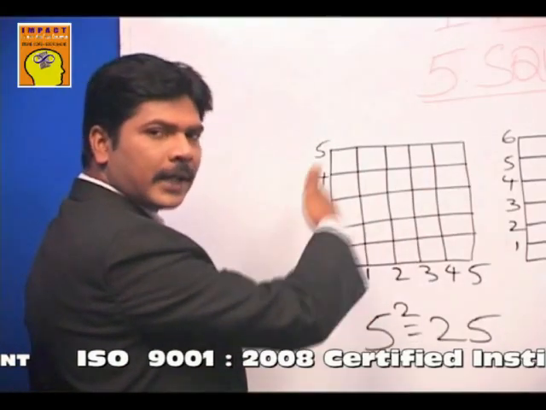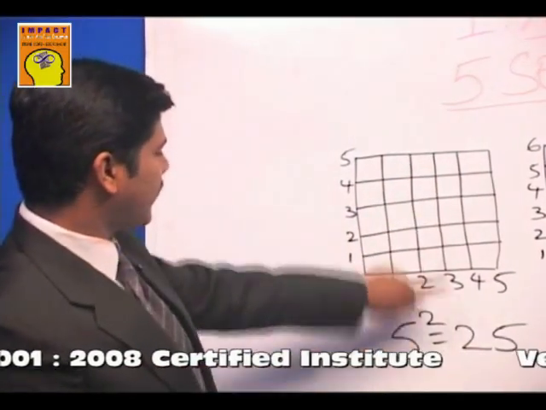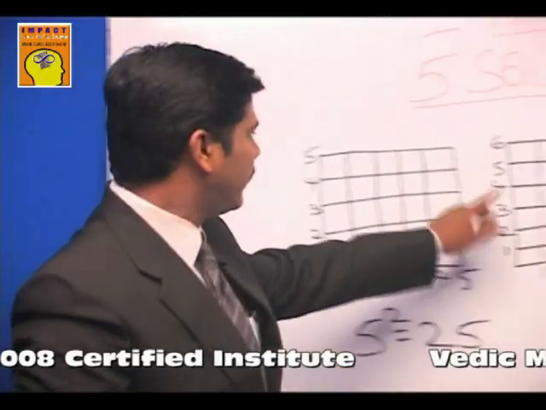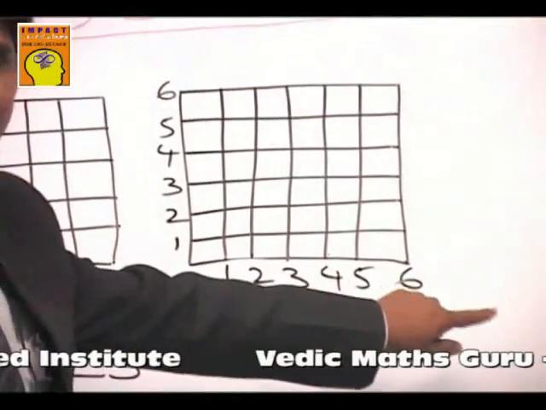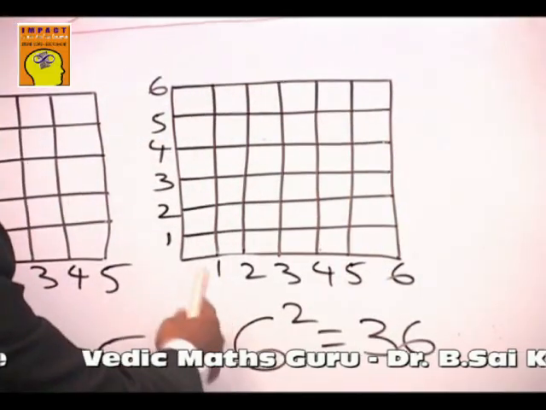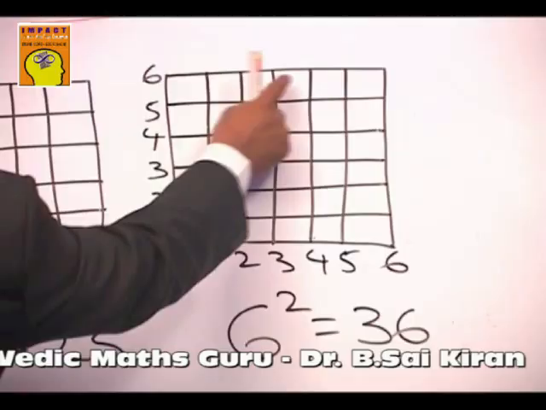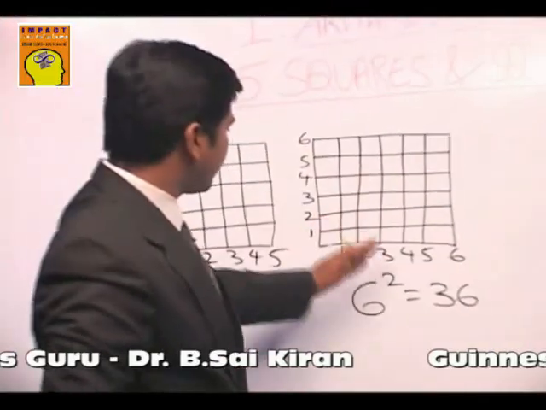So side into side, count how many boxes there are in this. 5 times 5 is 25. Now, again, 6 in y and 6 in x. When you square 6, count how many boxes there are: 2, 4 and 6, 2, 4 and 6. So 6 times 6 is 36.